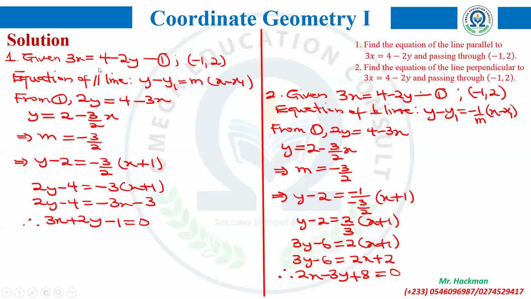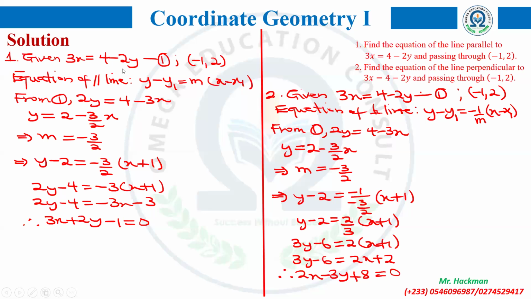You have not written it in that form, and you are picking the gradient. So I was wondering, you get it? As for this one, low hanging marks, we shouldn't lose them. So some of you wrote m is equal to 3 from equation 1. How? Obviously, that was a misconception. We have to make y the subject first.